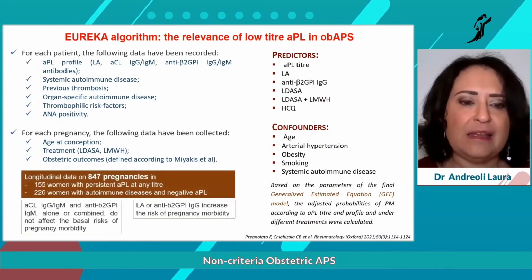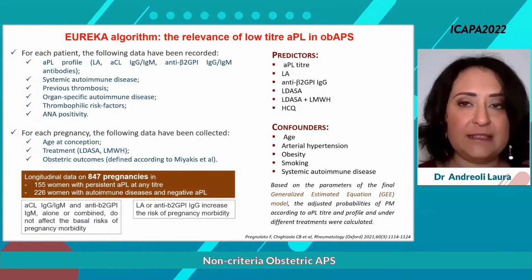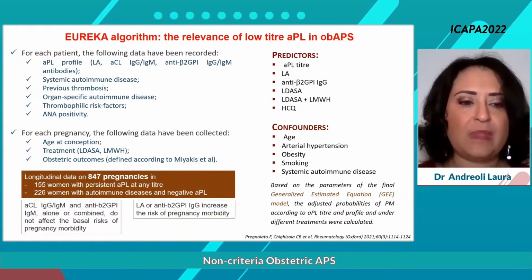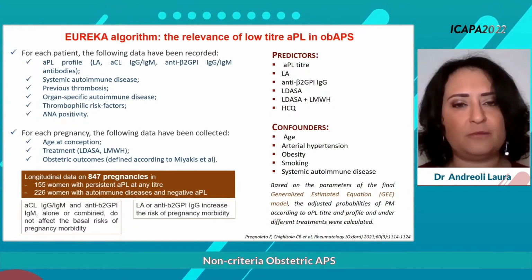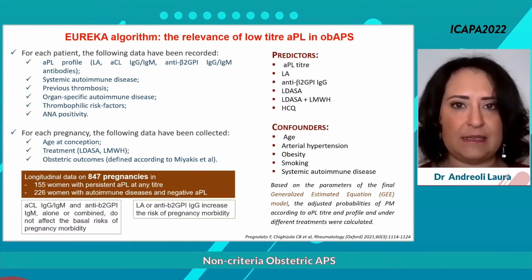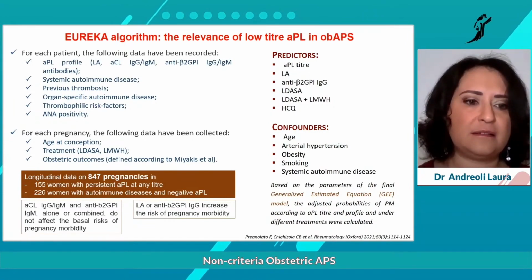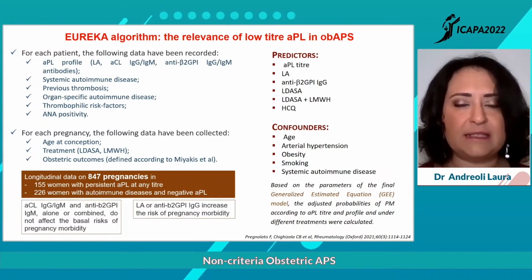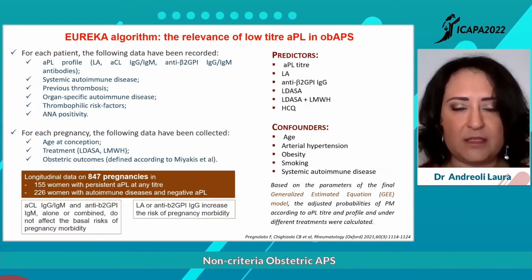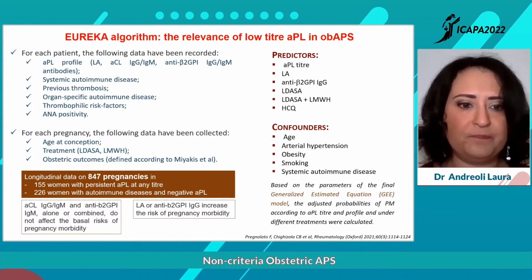And so they collected data on 147 pregnancies, of whom 155 were women with persistent APL at any titer, and 226 women with other autoimmune diseases but negative APL. So this was the control group.